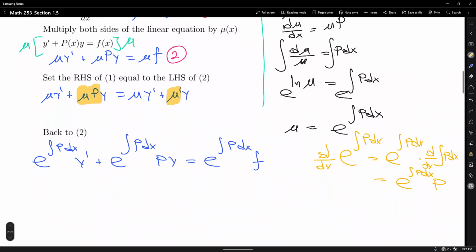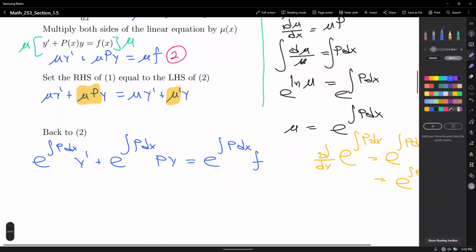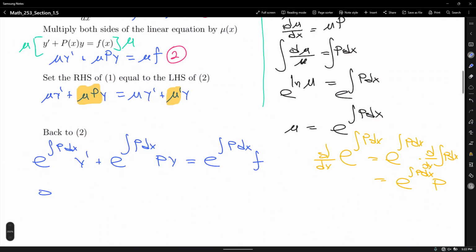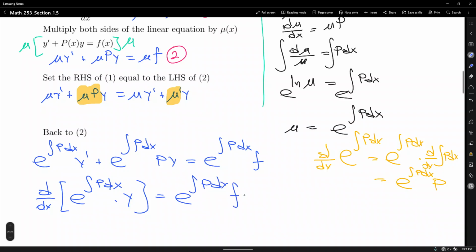So now coming back to this equation, this is the same as saying the derivative with respect to x of e to the integral of p dx times y equals e to the integral of p dx times f. But I don't like this huge formula.